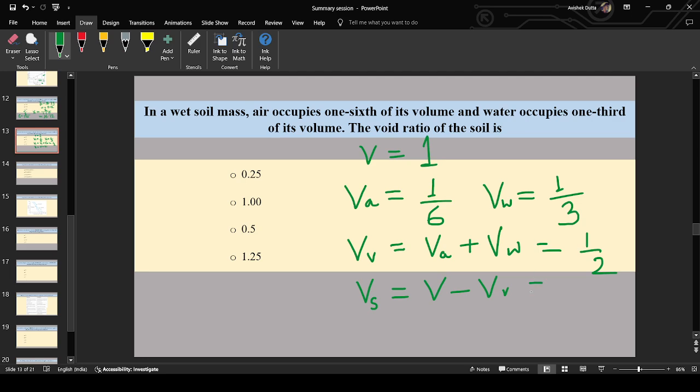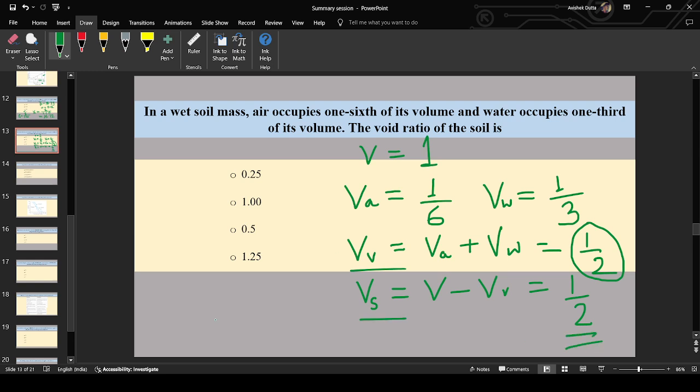What is V? V equal to 1 minus VV equal to half. We get again half. Now we go for the void ratio. We have found out the volume of void, it is equal to half, and the volume of soil solid is also equal to half.